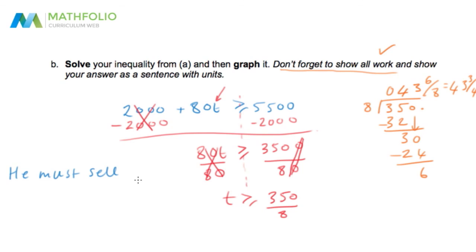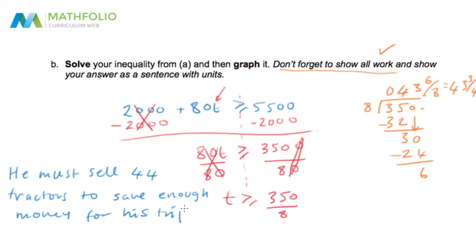And if he sells only 43 tractors, he's not going to have enough money. He needs to sell more than 43. And so we've got to round this number up. So he must sell 44 tractors to save enough money for his trip or his vacation, wherever he's going.